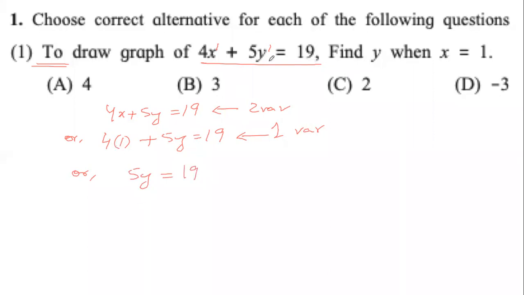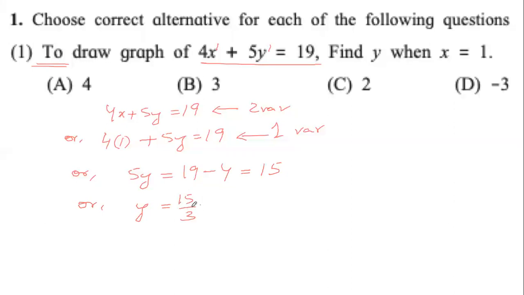So when we take 4 into 1 from left hand side to right hand side, it becomes minus 4, which is 19 minus 4 is 15. Or when we now take the coefficient 5 from the left hand side to the right hand side, multiplication becomes division.